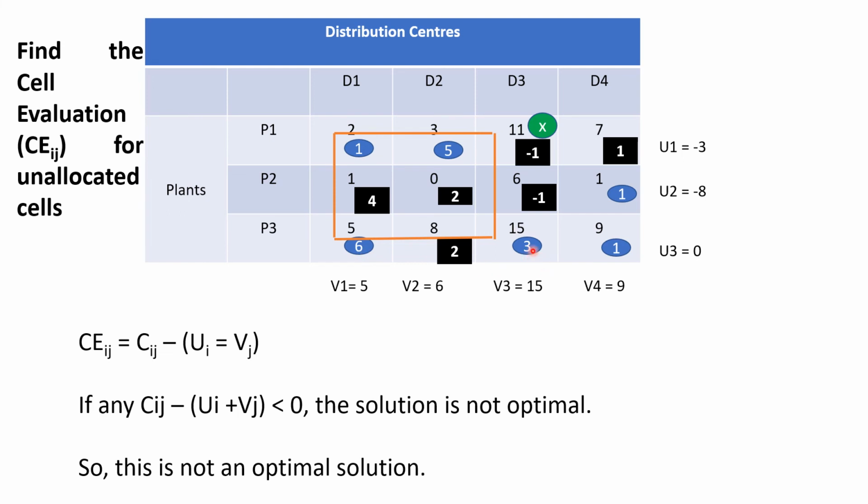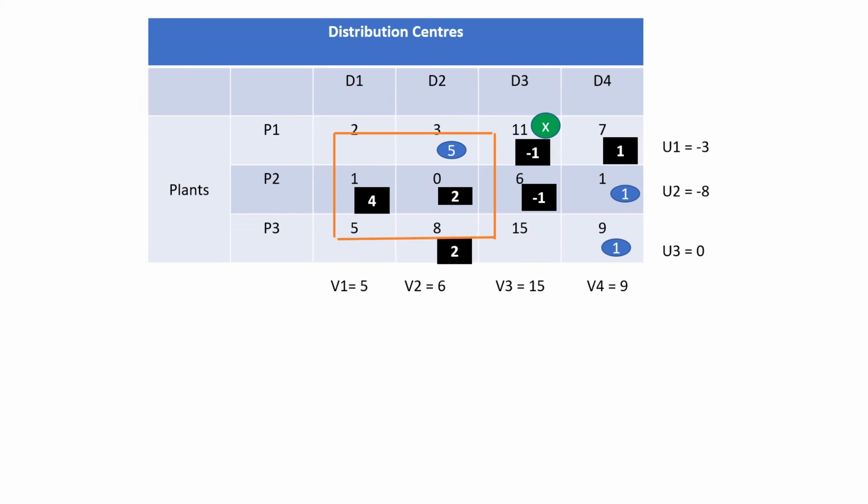Alternately negative and positive, because the total supply in the first row was 6. So if you have allocated x here, it has to be subtracted from here, so that the total supply remains 6 only. If you have allocated x here, it has to be subtracted from here, added here, and subtracted here, so that your allocation becomes this.